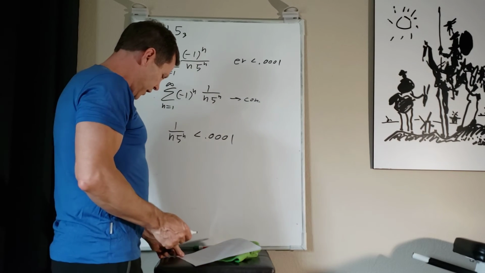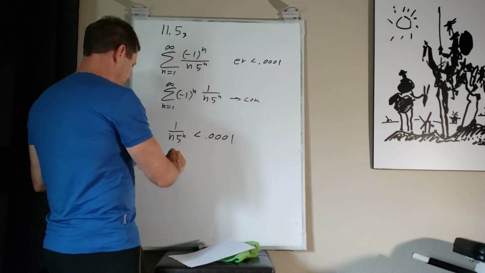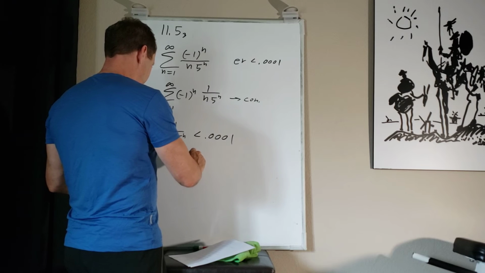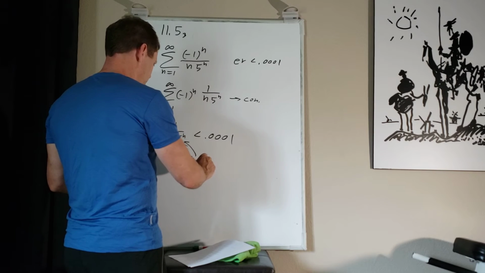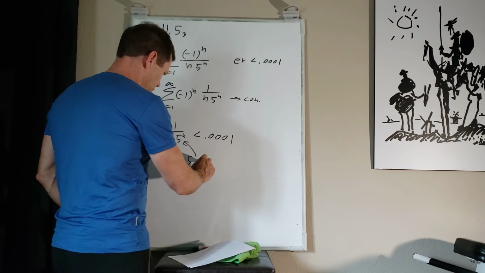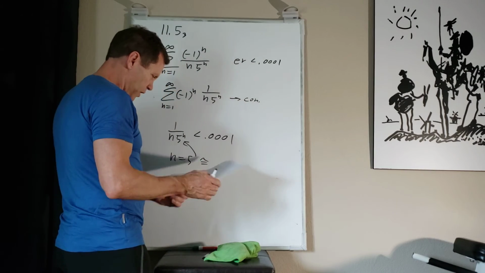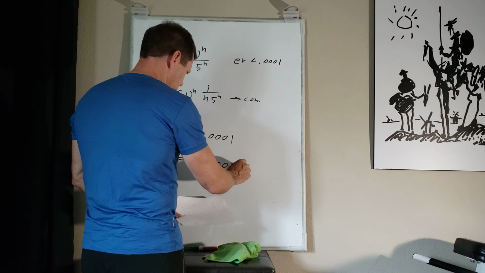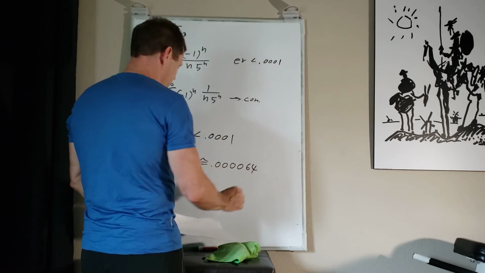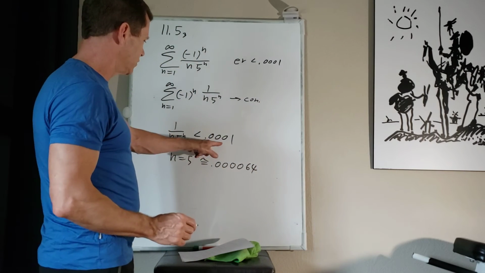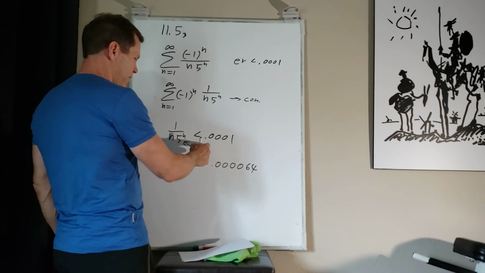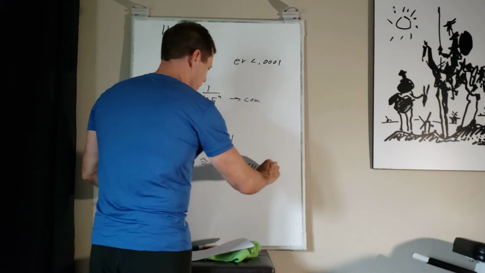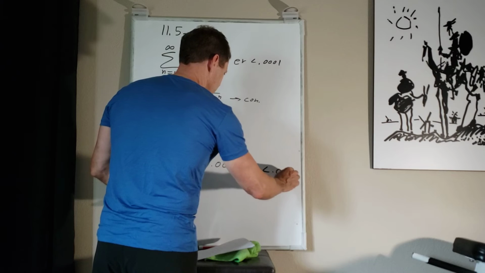So I plugged that into a calculator, and I found that when n was equal to 5, this was close to 0.000064. When I plugged in 4, it wasn't smaller than that. But once you plug in 5, you get this one, and that's less than 0.0001.